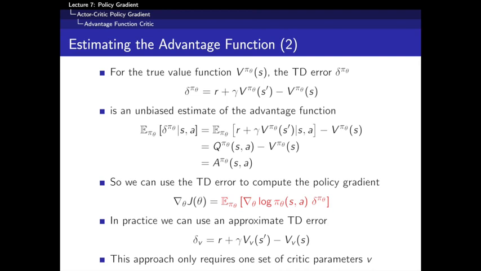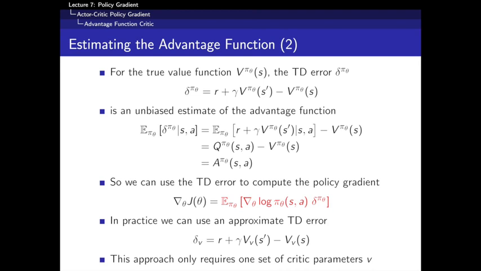The expectation doesn't affect this last term because there's no random variable in here. S is what we're conditioning on. This term here, the expected reward plus state value at the next state, given S comma A, is precisely the definition of Q. This is just like unrolling our Bellman equation one half step.